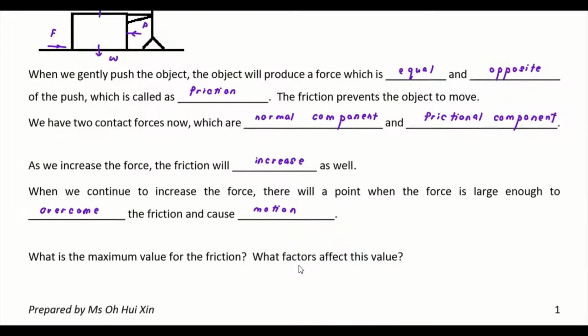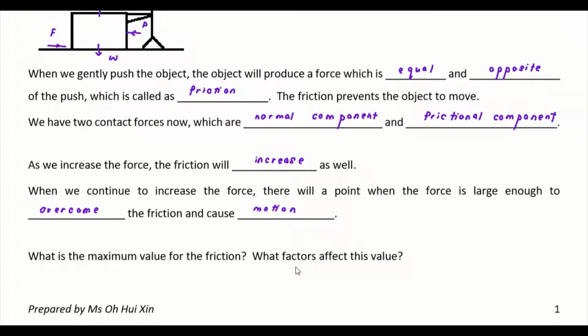The idea that we are going to look at in this chapter is what the maximum value for the friction is. When we say that our force is large enough to overcome the friction, what's the maximum value of the friction such that when our force exceeds that, the object can move? Okay, so that's the idea. Then what are the factors that determine this maximum value? That's what we are going to look at in this chapter.